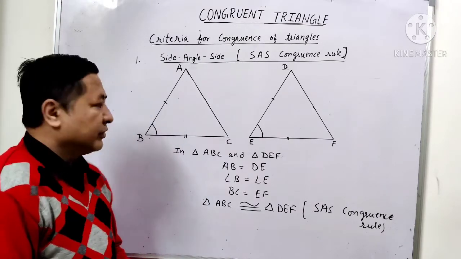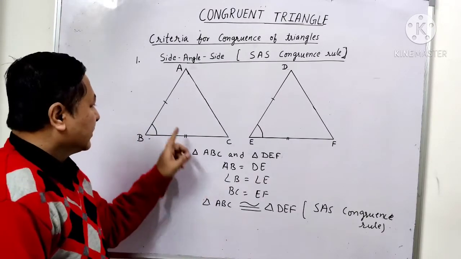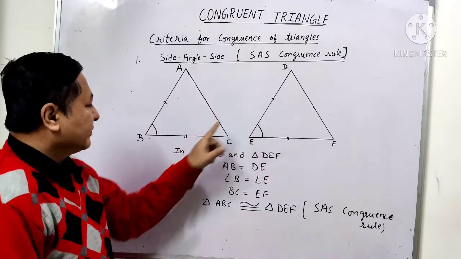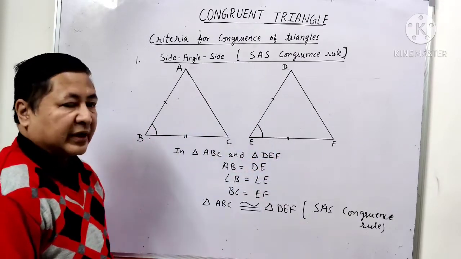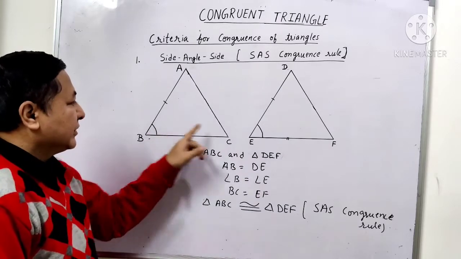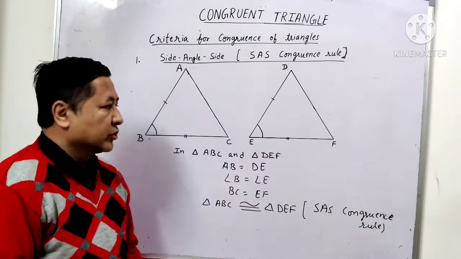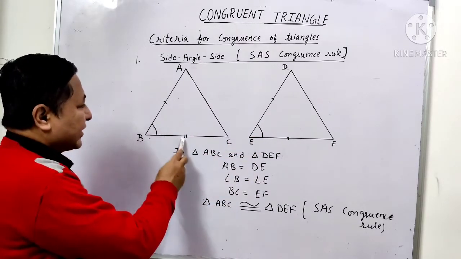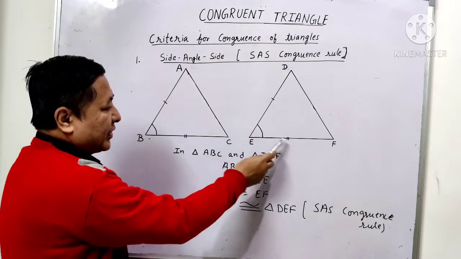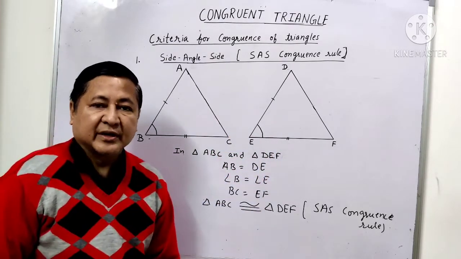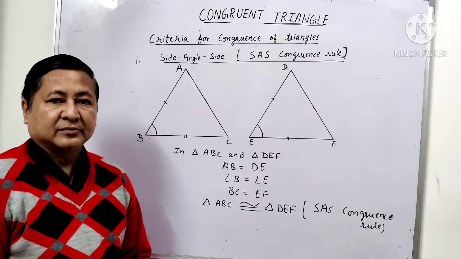The angle should be between both the sides. So in this triangle, AB is equal to DE, BC is equal to EF, and the included angles B and E are equal. So they are congruent by SAS. So this is the second criteria for congruence of triangles.